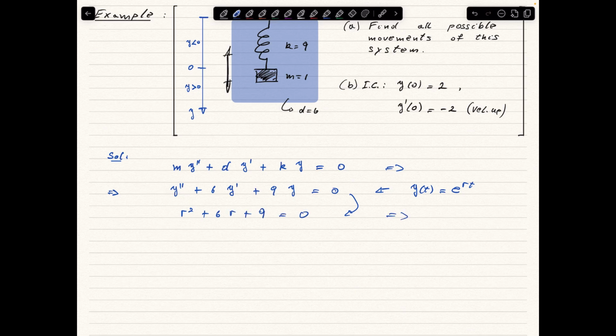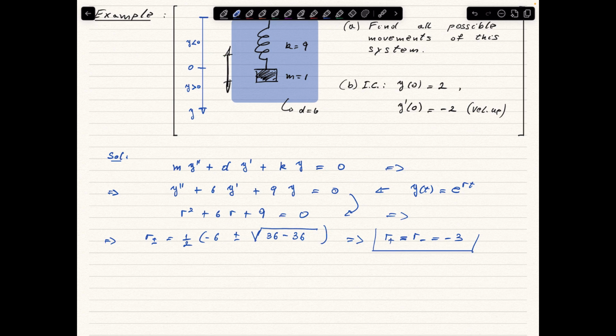We solve it, and the roots are going to be one half of -6 plus minus the square root of 36 minus 36. So we are in the case that we are going to have one single root. This implies that r plus is equal to r minus, and both are equal to -3.